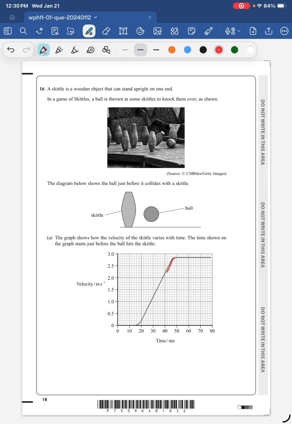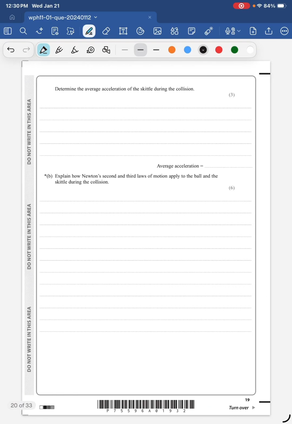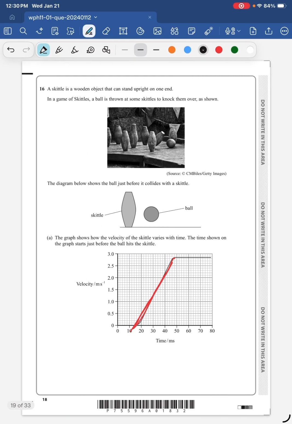The gradient of this graph. Why? Because that's the change in velocity with respect to time. So let's write this down. The gradient is equal to the change in velocity with respect to time.